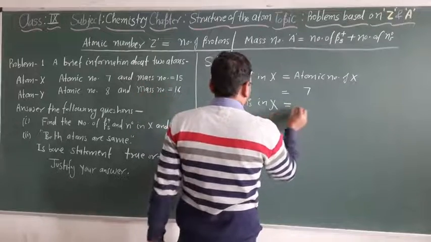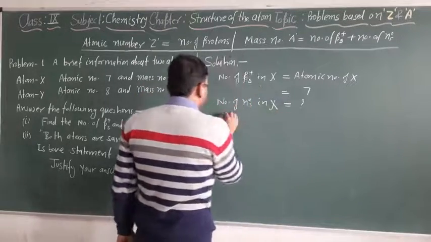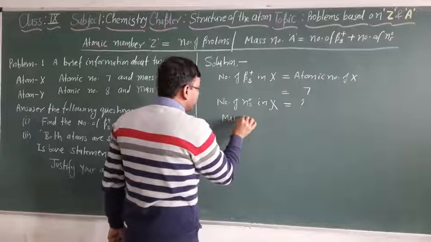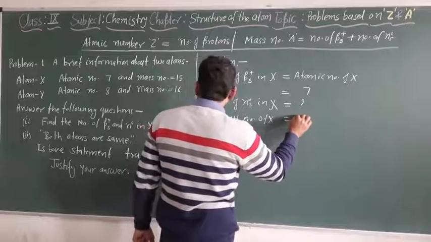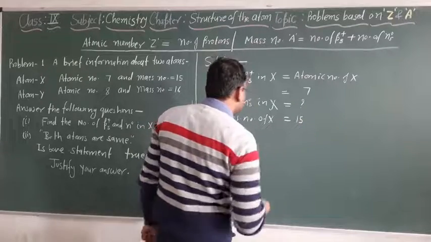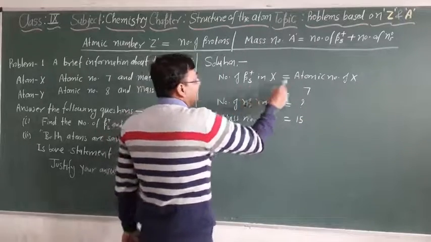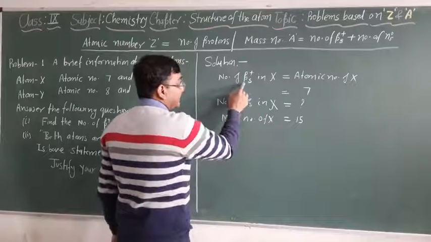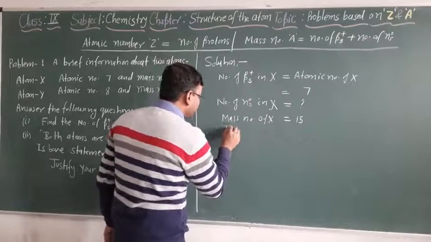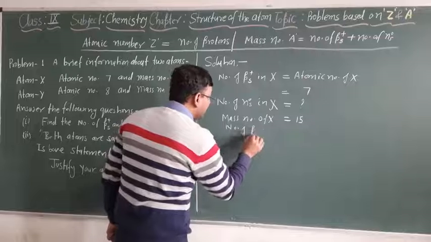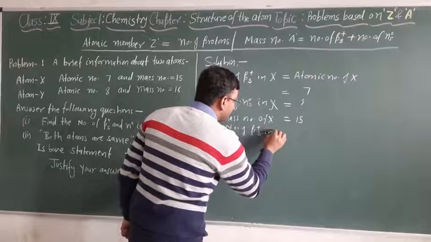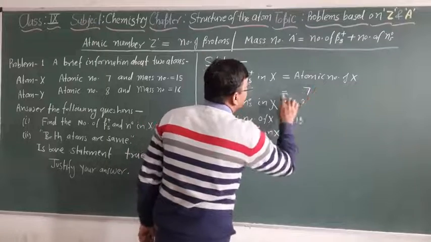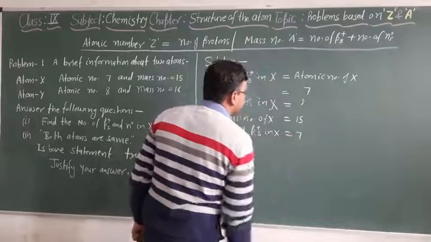Mass number of X is given, equal to 15. Clear? And number of protons in X is equal to 7, we have calculated.